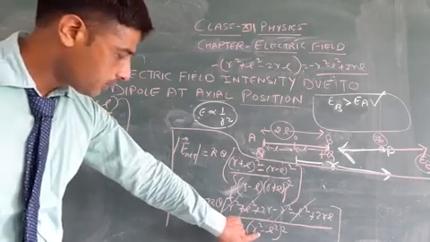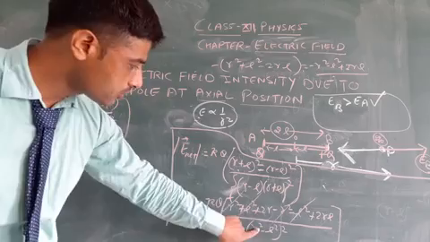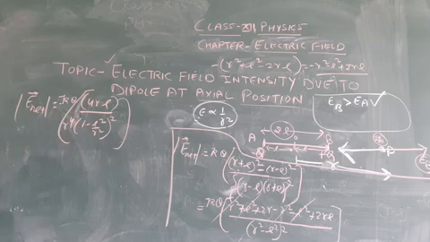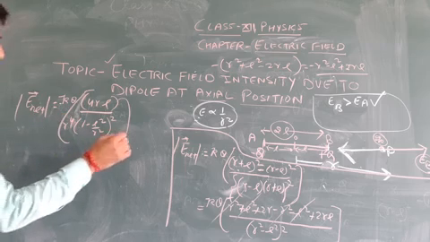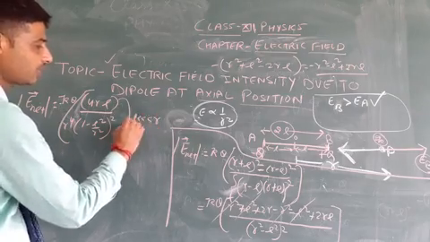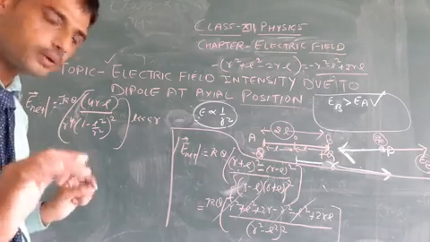R square comes out; there is a square of the total value, so this R square becomes R to the power 4, and this R cancels with this R. If L is less than R, for an ideal dipole the length is very small.